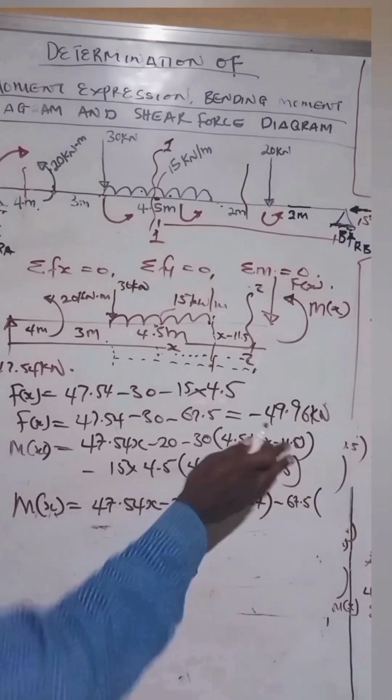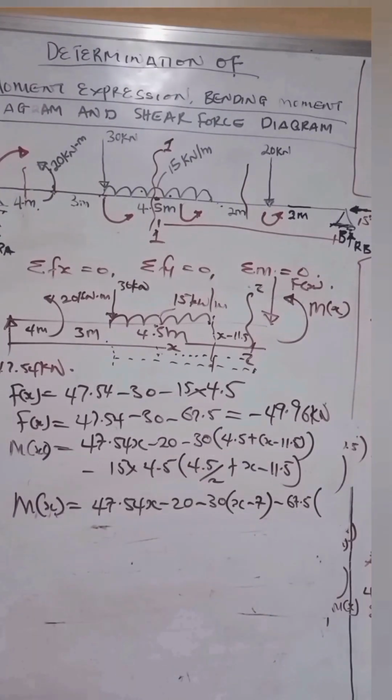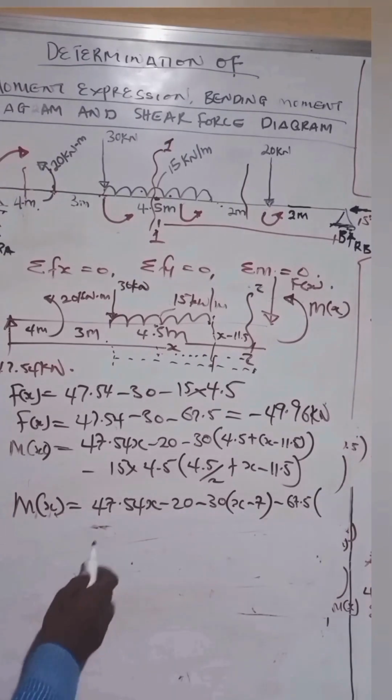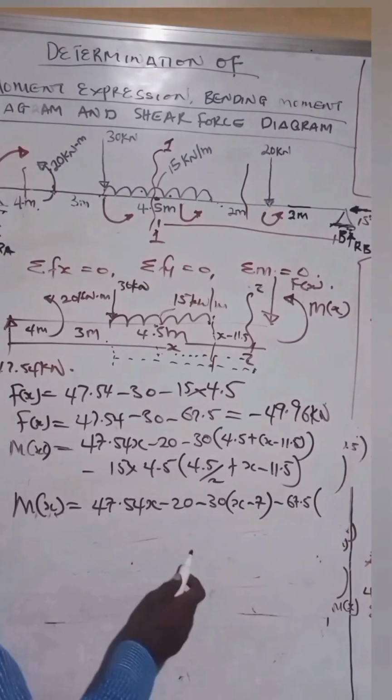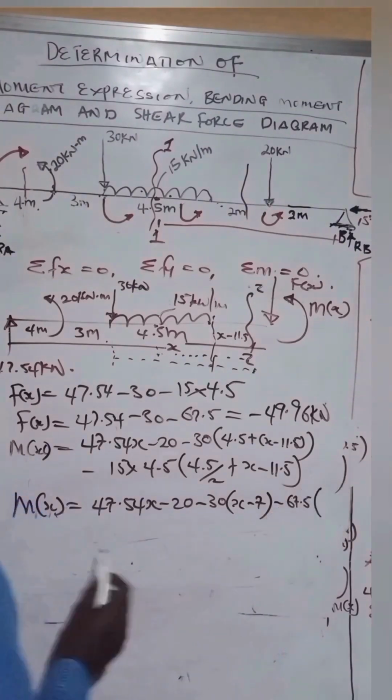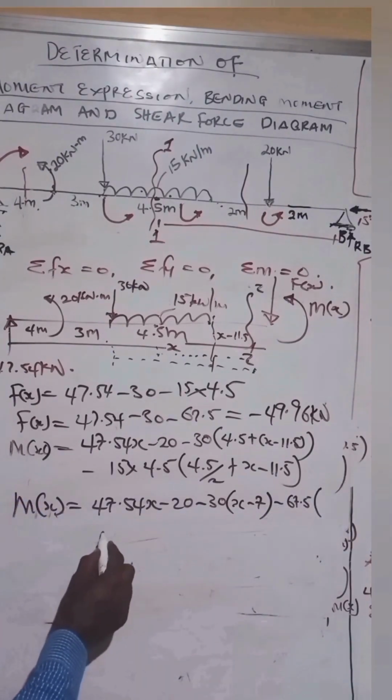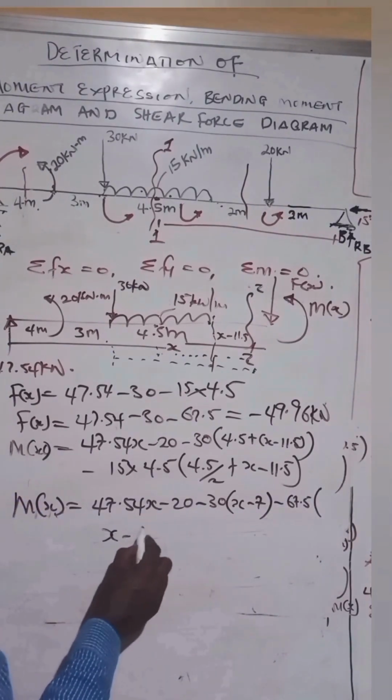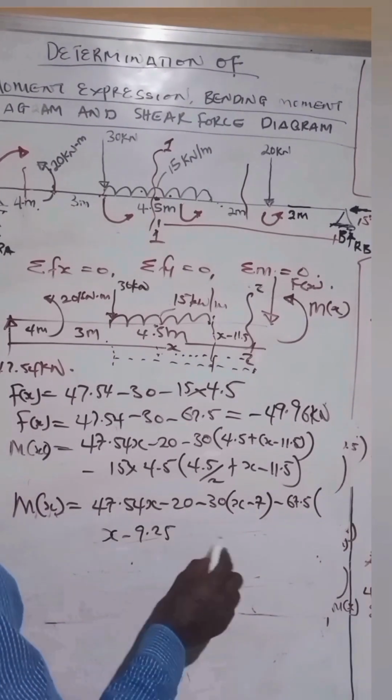So we'll just work on it. We'll say 4.5 over 2 minus 11.5. We do that, and we're going to have negative 9.25. So this becomes 67.5 times x minus 9.25.